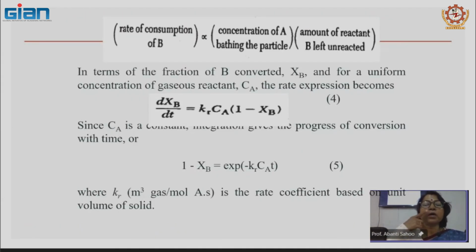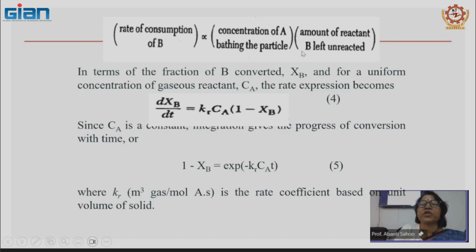Now, we can express the rate of consumption of B, that is, how much solid is consumed during the reaction, as proportional to the concentration of A bathing the particles. Bathing means it is all along the periphery of the particles, clouding the entire particle.